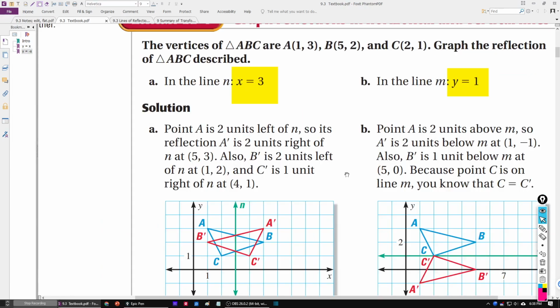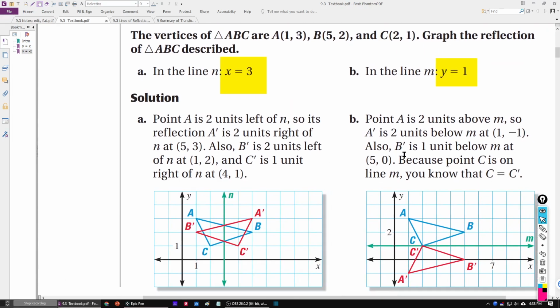All right, let's take those basic principles and think about applying them to these particular situations. Here we have triangle ABC, the one here in the blue. They want us to reflect it across the line x equals 3.